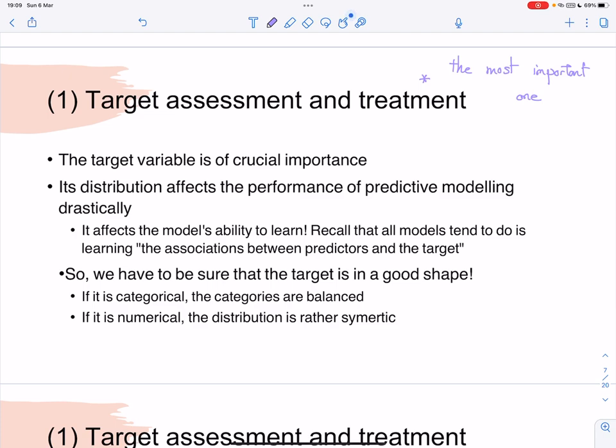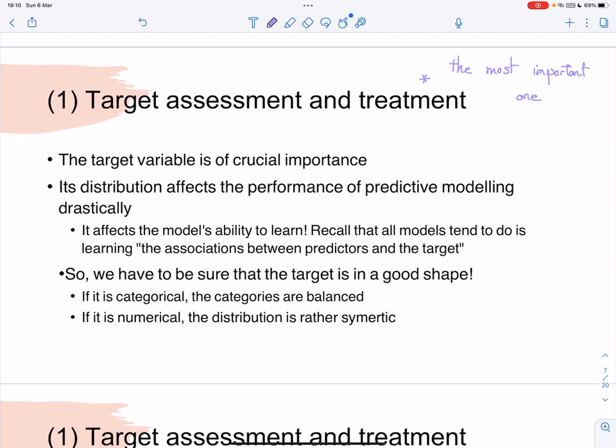You know it definitely by now. Its distribution affects the performance of the predictive modeling drastically. It affects the model's ability to learn. Recall that all models tend to do is learning the association between predictors and the target. So we have to be sure that the target is in a good shape.